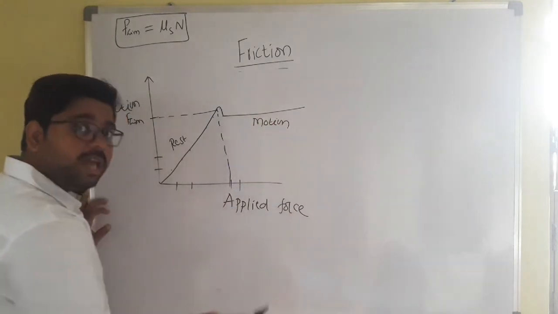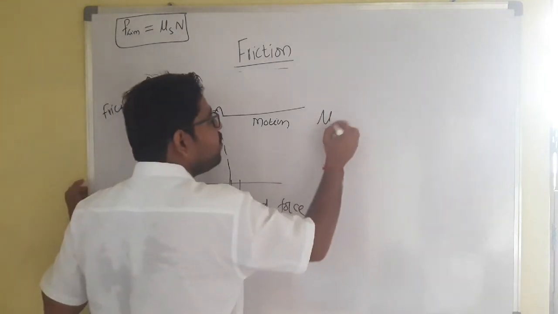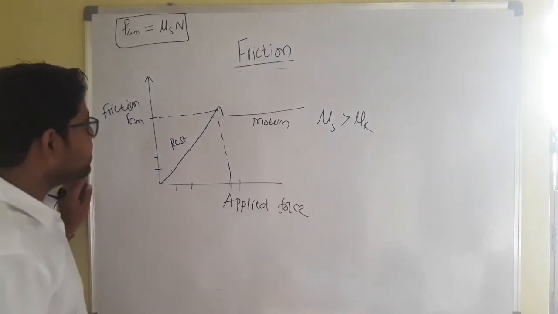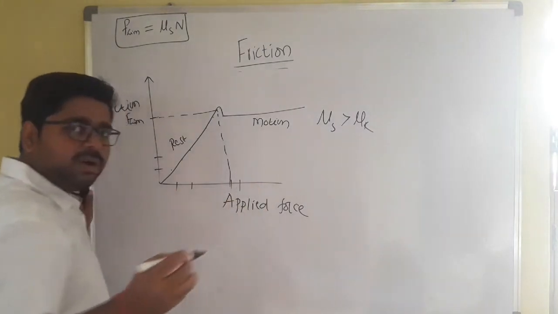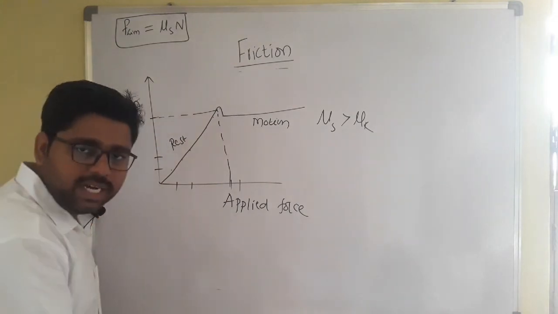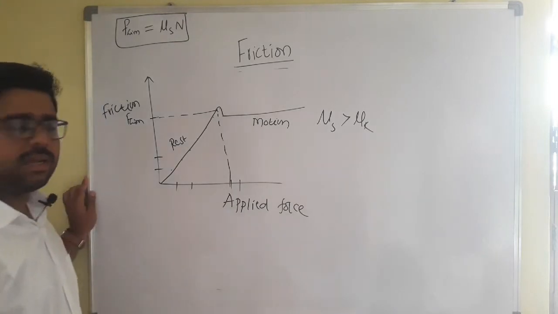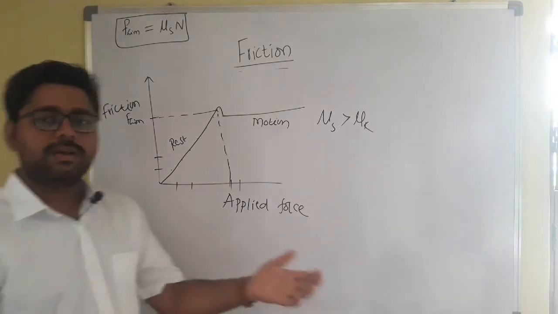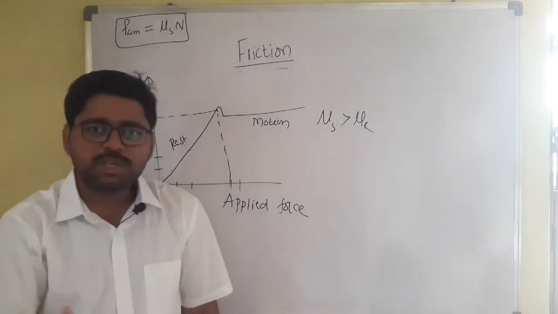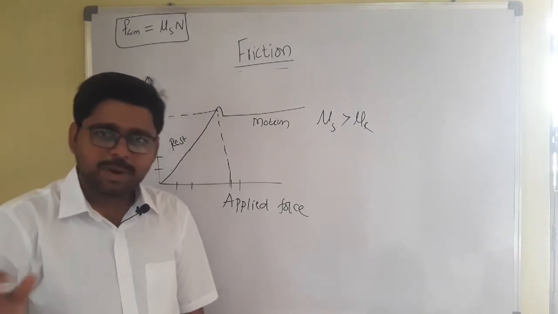That is what you saw in the previous numericals: the mu s value was always greater than the mu k value. That is the reason. Motion to start is always a difficult task. Once it gets started, the remaining part is easier. Philosophically we can relate it like this: if you want to start reading, it is very difficult, and once you start and keep going, it is easier.